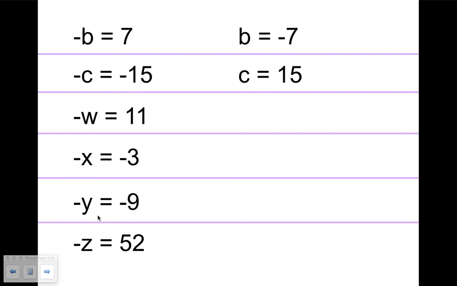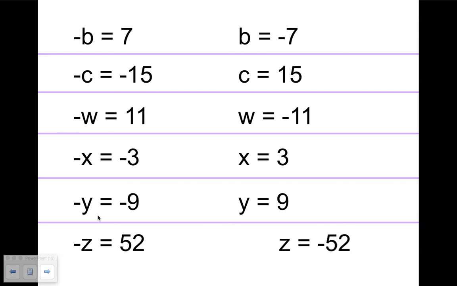If the opposite of w equals 11, what's w? w equals -11. If the opposite of x equals -3, then x equals 3. If the opposite of y equals -9, then y equals 9. If the opposite of z equals 52, what's z? -52. This will frequently be the last step in a multi-step equation.